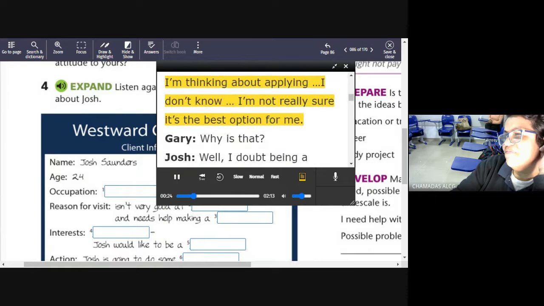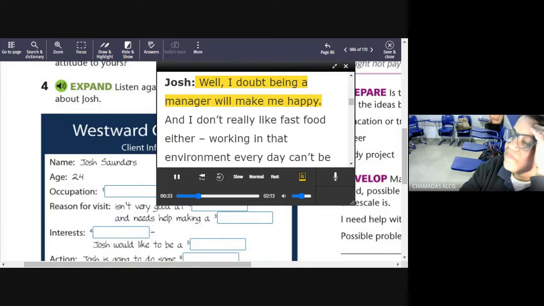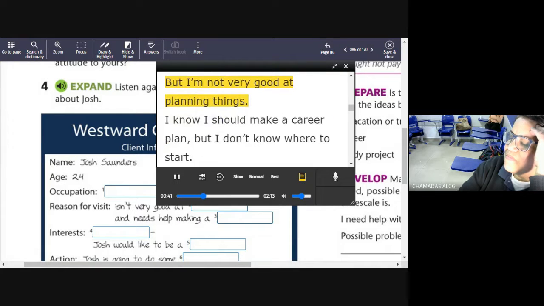I'm thinking about applying. I don't know. I'm not really sure it's the best option for me. Why is that? Well, I doubt being a manager will make me happy, and I don't really like fast food either. Working in that environment every day can't be healthy. But I'm not very good at planning things. I know I should make a career plan, but I don't know where to start.